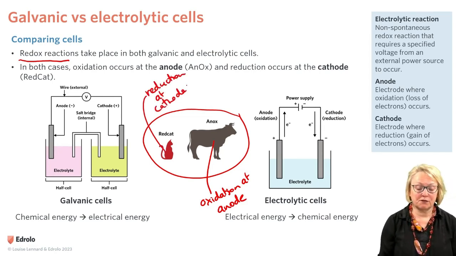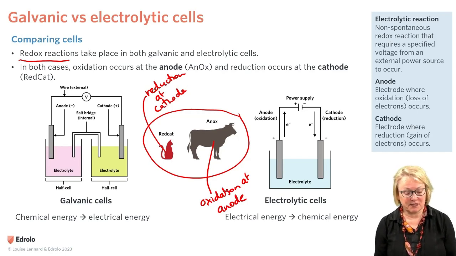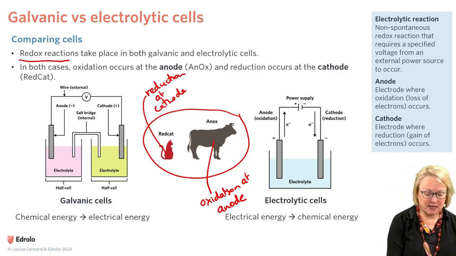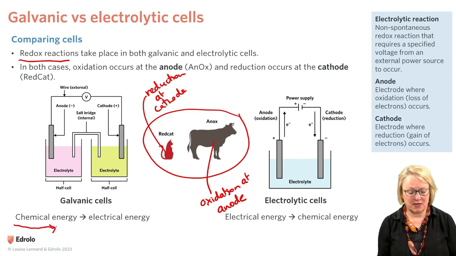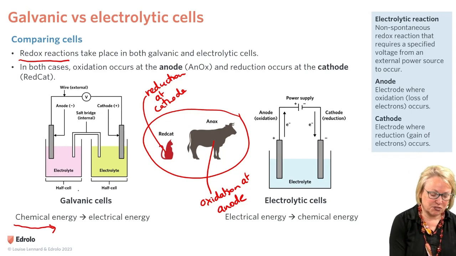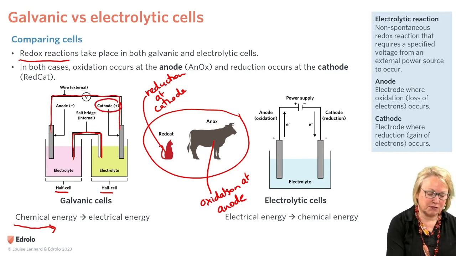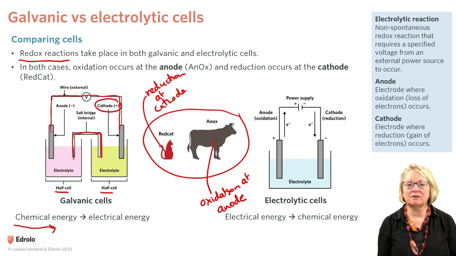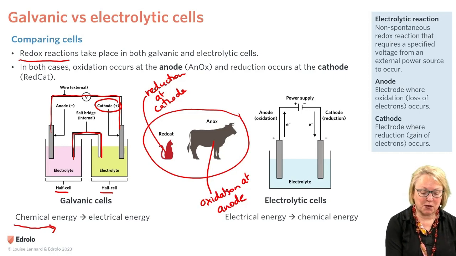And that's true for galvanic and electrolytic cells. In galvanic cells, we're converting chemical energy into electrical energy, and we do that by having two half cells divided up with a salt bridge and an external circuit. Cathode is the site of reduction, and it's positively charged in a galvanic cell.